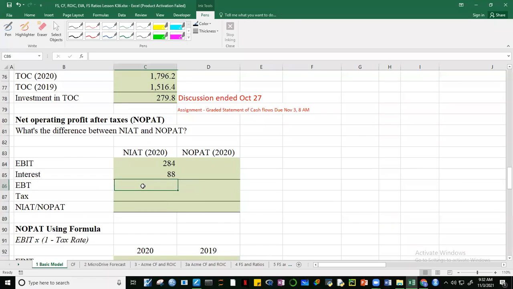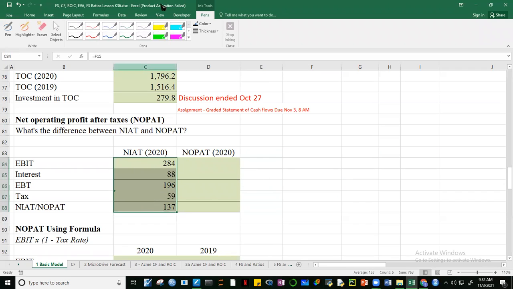So our EBT, earnings before tax, will be equal to the difference between these. Our tax rate is, if you recall, guys, we can use the tax rate cell that we used last time, Control Enter. Okay, so therefore our net income after tax is simply this minus this.